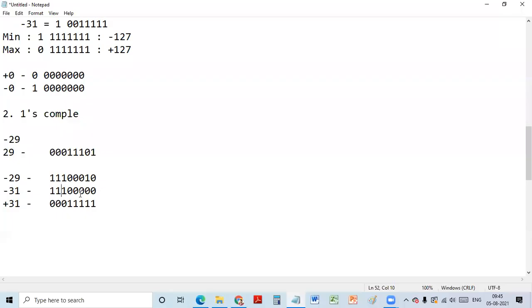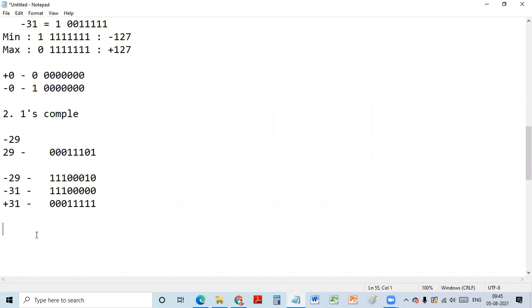We should not use directly the magnitude here, powers of 2. If you want back a decimal number, first you have to take its one's complement and then apply powers of 2. Since you have done one's complement, after getting the magnitude, you need to apply the negative sign. That is the method. Whichever method you are following, the same reverse method you need to use for conversion, right? Yes, ma'am.